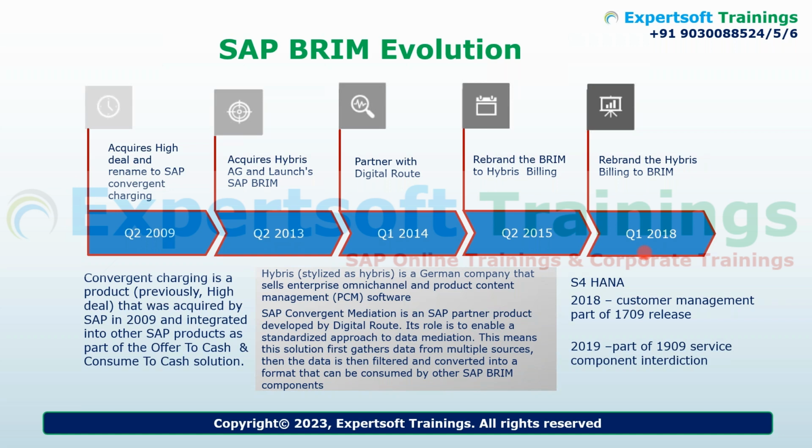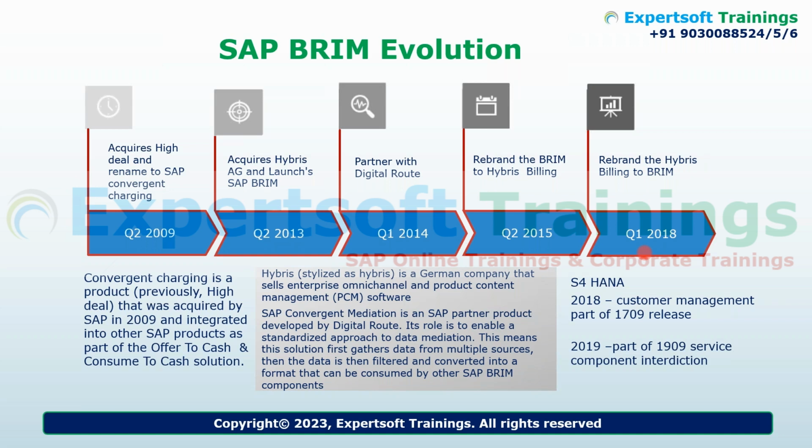But again, in 2018, when they moved this whole BRIM landscape into S4HANA 2018 Q1, they rebranded it as BRIM again from Hybrid Billing. BRIM stands for Billing and Revenue Innovation Management.